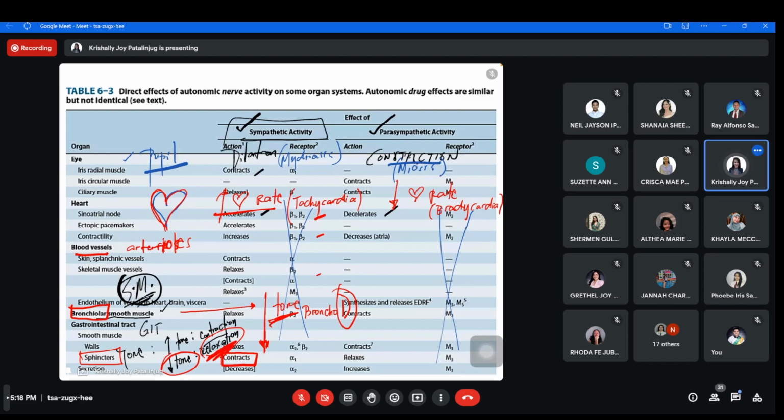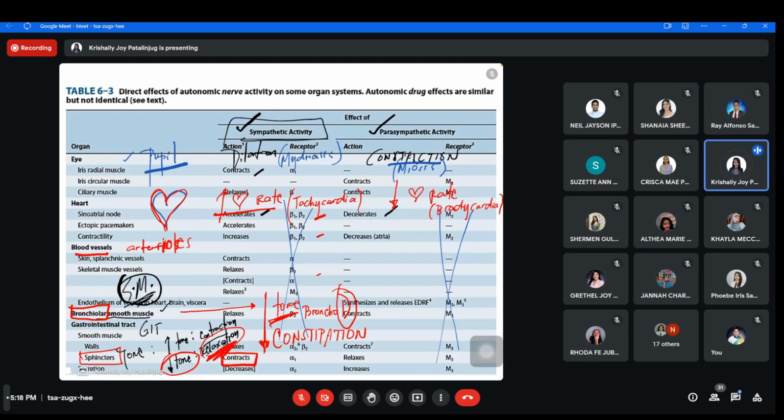Is it constipation or bowel movement? Okay, very good. It's constipation. So write there for GIT under sympathetic, constipation. Because the muscle tone of the stomach and intestine is relaxed, there is nothing to release, so that's constipation.